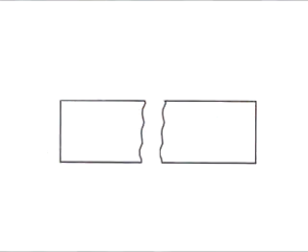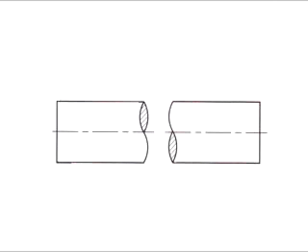So if we want to get away from that problem, sometimes we can use break lines to shorten a part up. Here's some examples of break lines. Here's a type of break line that's used on most any shape, but that's generally reserved for short breaks. Here's a way of showing a short break on a cylindrical part. And here's the type of line that's generally used on long breaks.